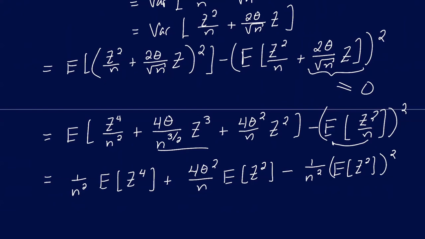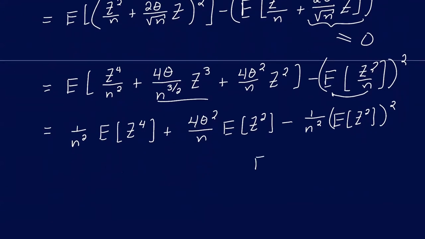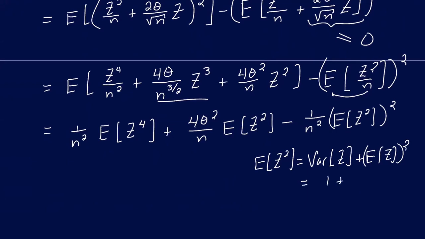So the expected value of z squared is not bad. We have our standard trick of rewriting the variance formula. And z is normal 0, 1. So that expectation is 1 for both of these terms.